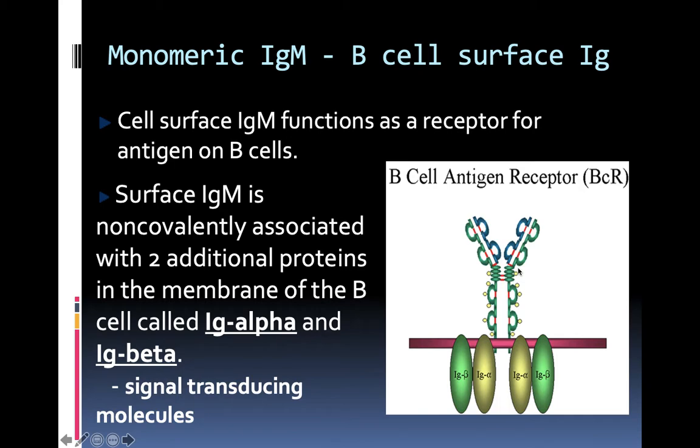So in all signal transduction pathways where your IgM is involved, we expect these two associated proteins, the Ig alpha and the Ig beta, to be highly involved. Okay.